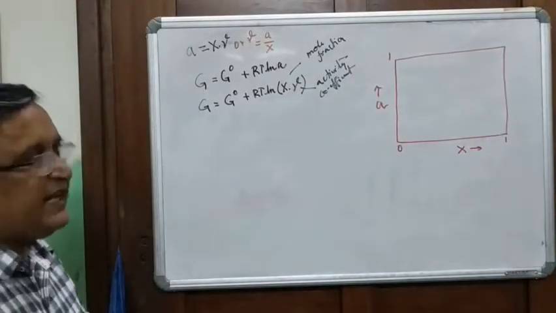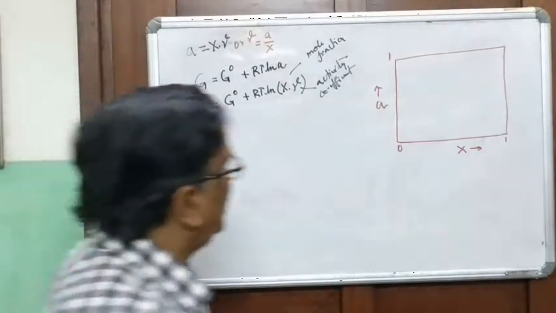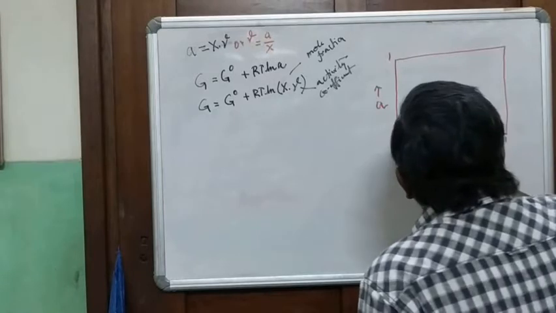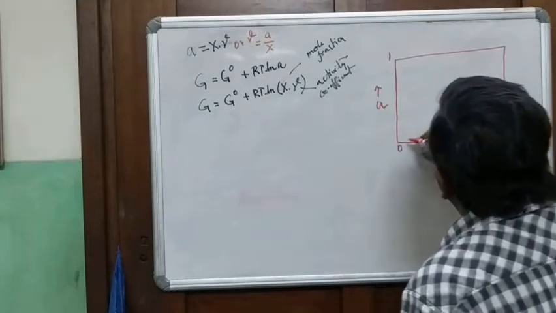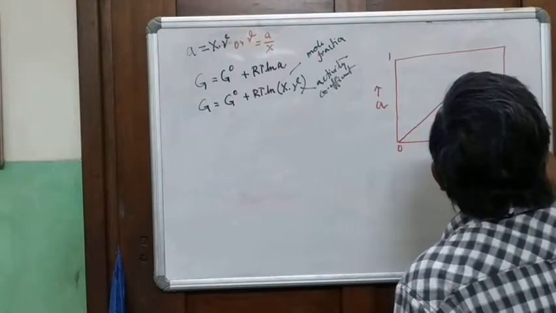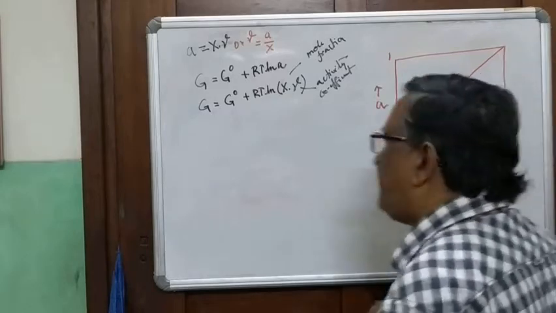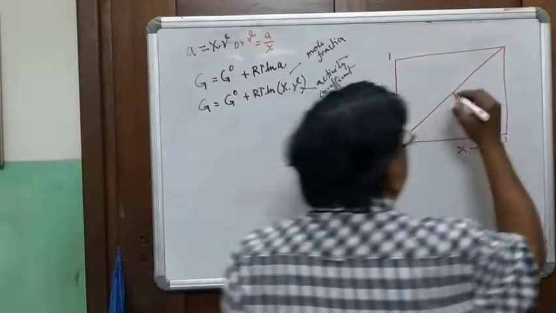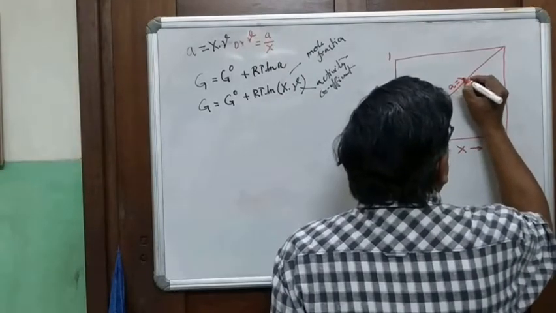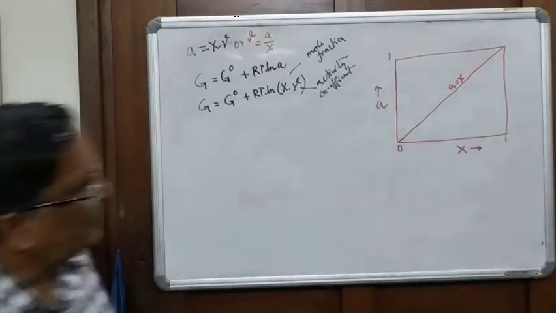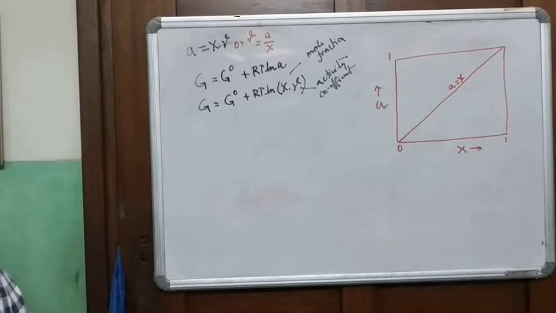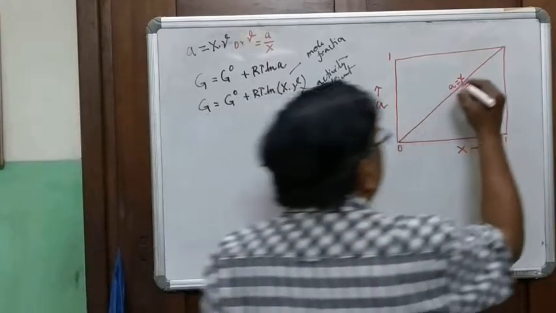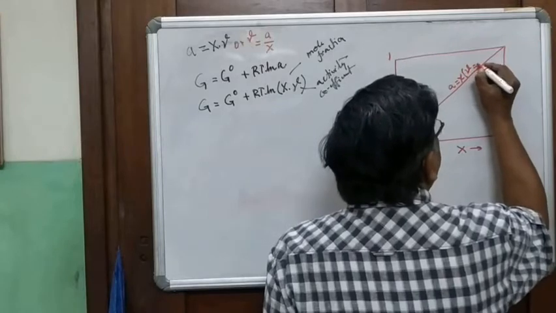Now, several things can happen. Your activity composition variation could be like this along a 45-degree slope, which is where A is equal to x. It's a 45-degree line, which means gamma is equal to 1.